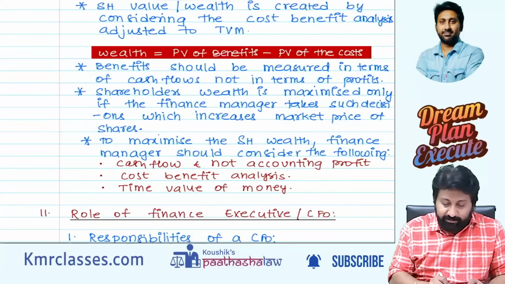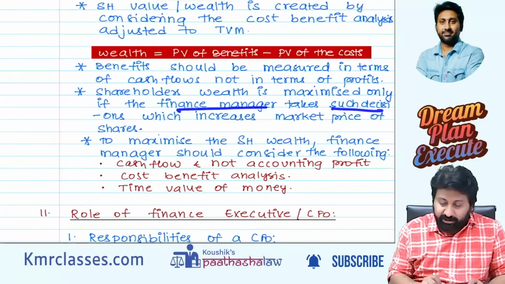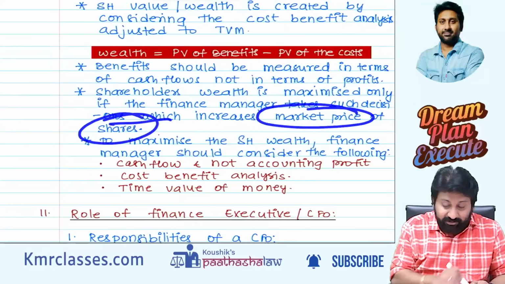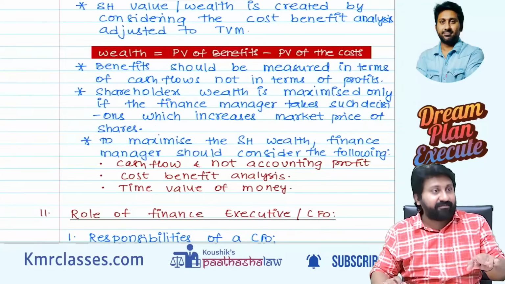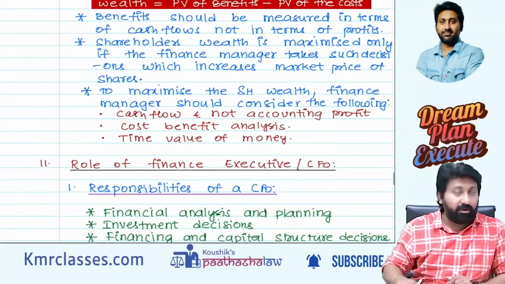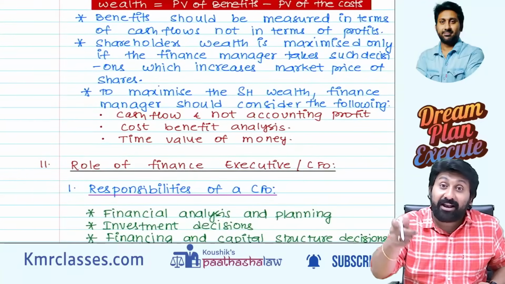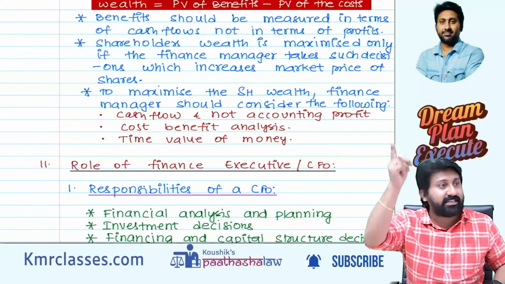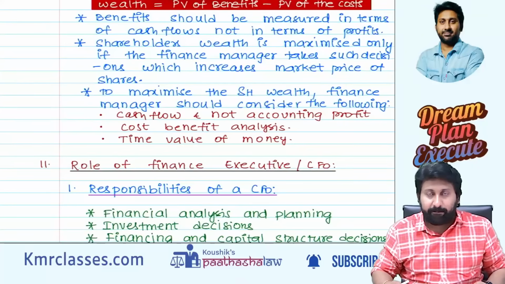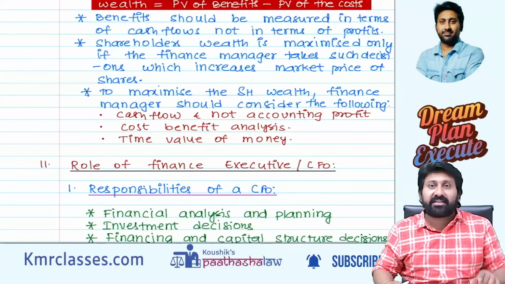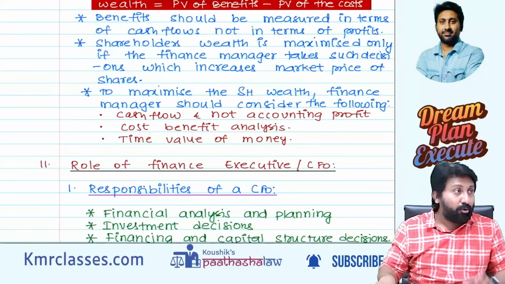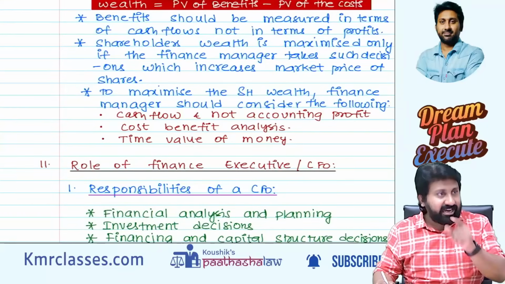Shareholders' wealth is maximized only if the finance manager takes such decisions which increase the market price of the shares, not increasing profits. Sometimes non-financing decisions also will raise the share price. For example, if a company replaces one MD, the share price will rise immediately. A good managing director came. Take such kinds of decisions.